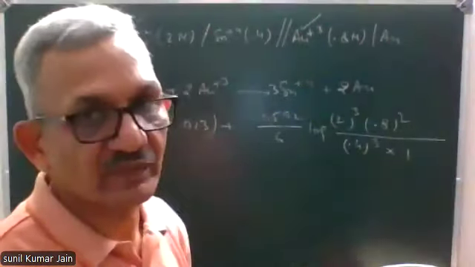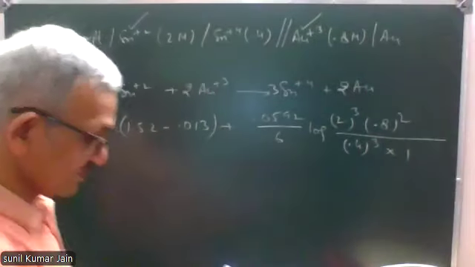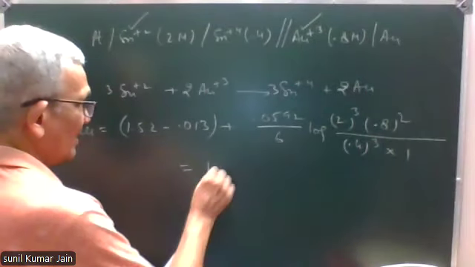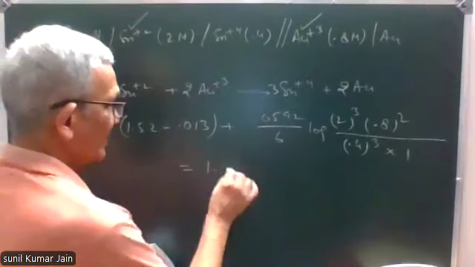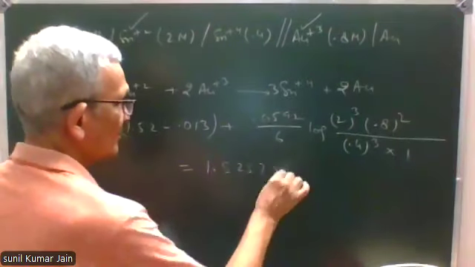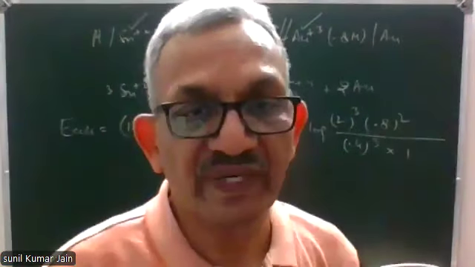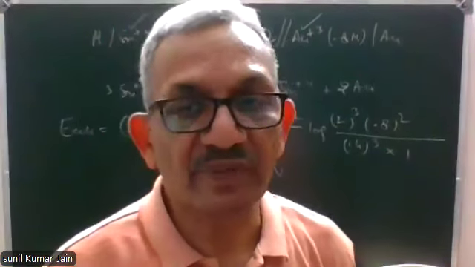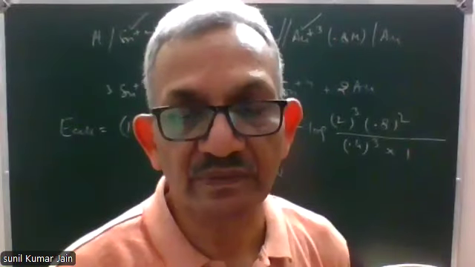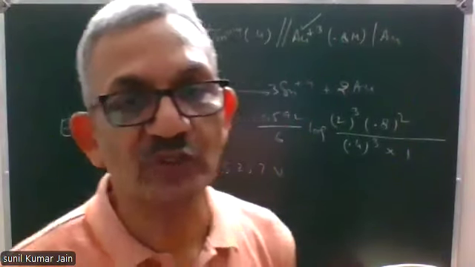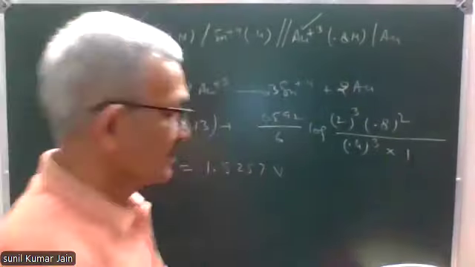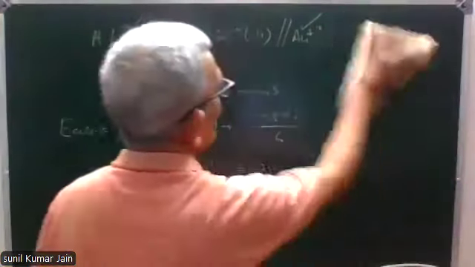Rest is calculation. We'll get the answer. This will be 1.5257 volt. Although in the exam, you'll be given the value of log, and from the log value itself, you get an idea what should be your substitutions. Still, this is the way.